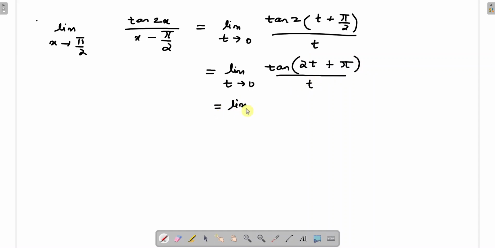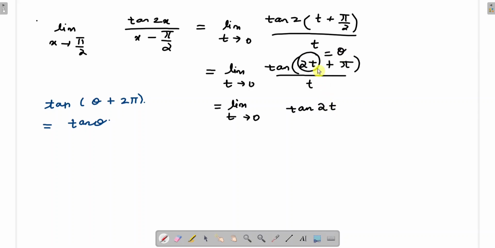This will be equal to limit t tends to 0, and you have to now use this formula, tan of theta plus pi is tan of theta. Okay, this formula you have to use, and so what you will get here? Tan of 2t, because now theta is 2t, divided by t.